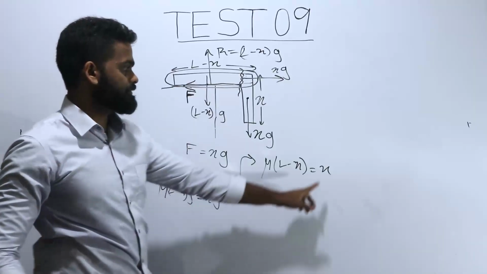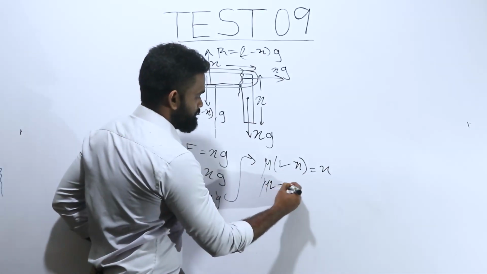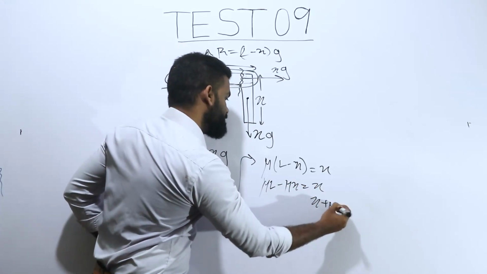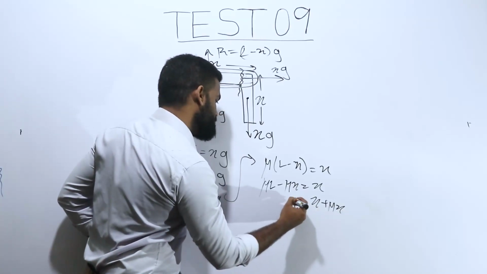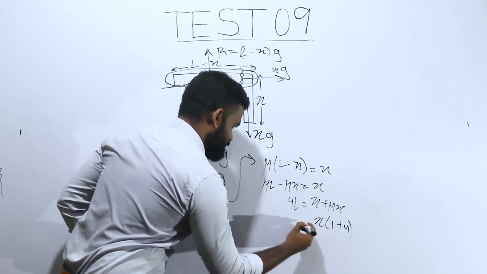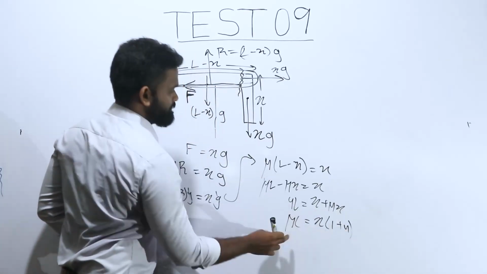So what we need is simply X. Mu L minus mu X equals X. X plus mu X equals mu L. Take X out, X times (1 plus mu) equals mu L. Then get 1 plus mu to the other side.